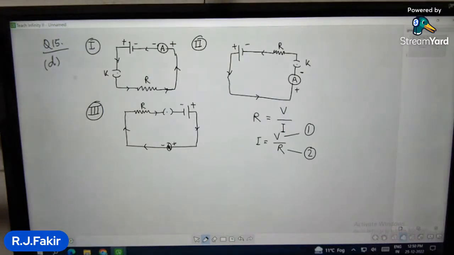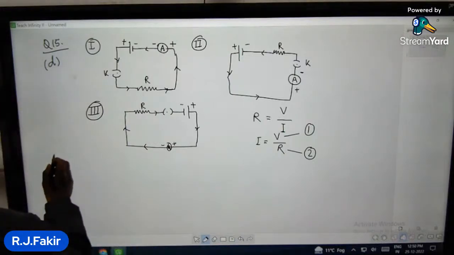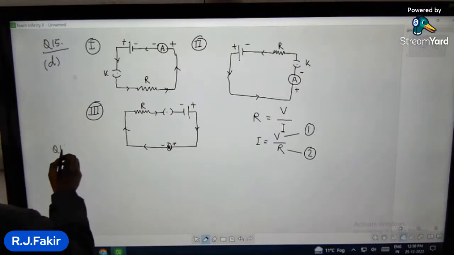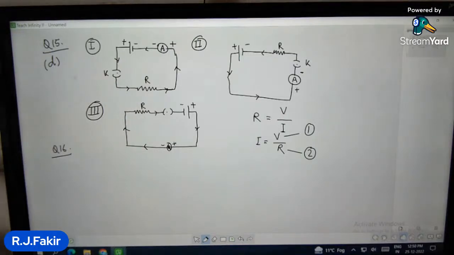So in question number 16, this deals with the magnetic effect.